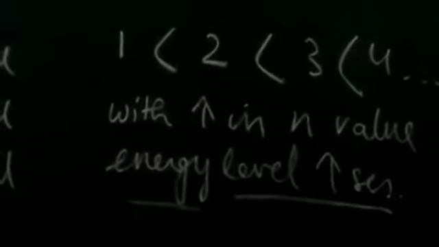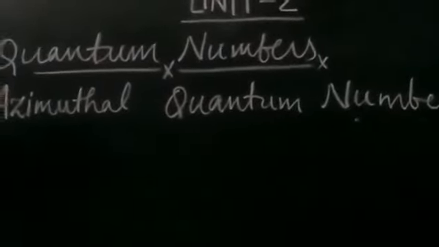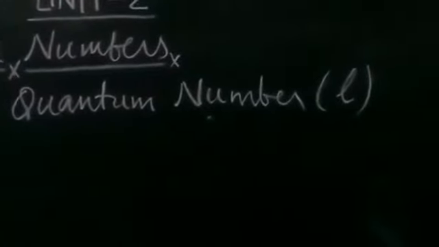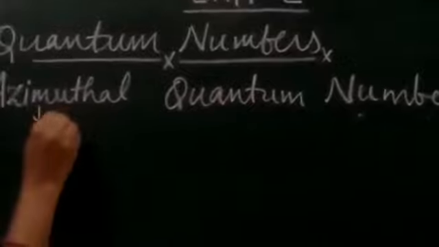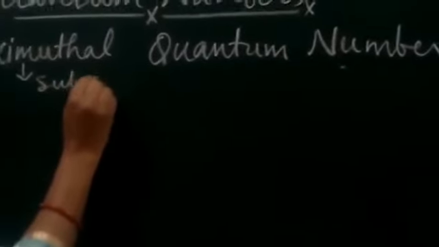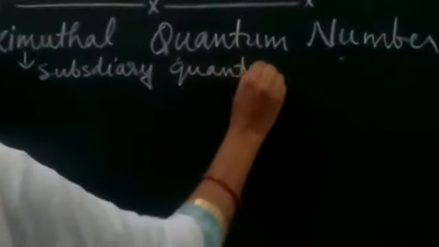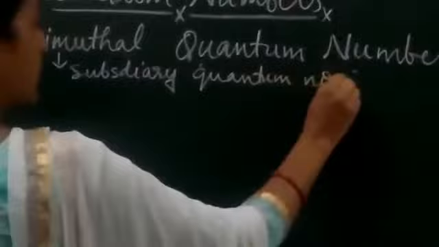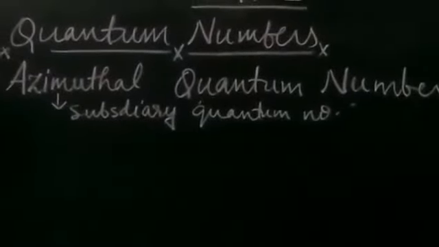Now second is the azimuthal quantum number, which is denoted by small l, and the azimuthal quantum number is also known as the subsidiary quantum number or orbital angular quantum number.